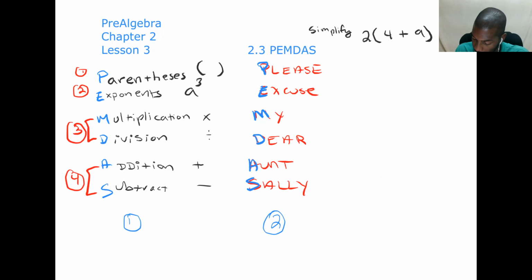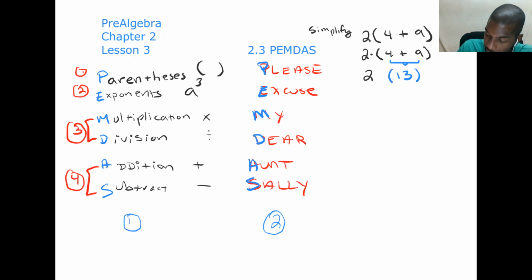So I could rewrite this as 2, remember the dot means multiplication, times parentheses 4 plus 9. So now first, let's deal with parentheses. Please, or Peter, right? That means I deal with everything that is in the parentheses, which is the 4 plus 9. 4 plus 9 is 13. I keep the parentheses, and I rewrite everything just as it has been. So now I have 2 times whatever is in the parentheses, which is 13.